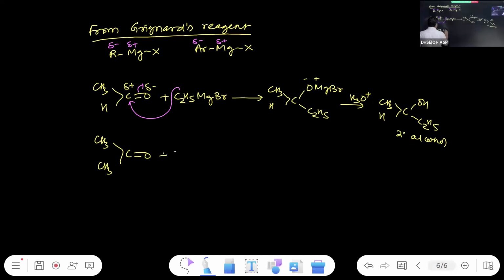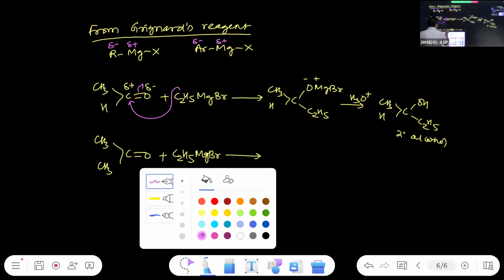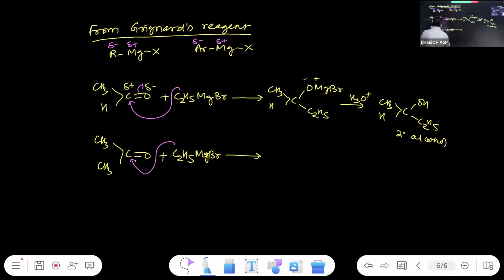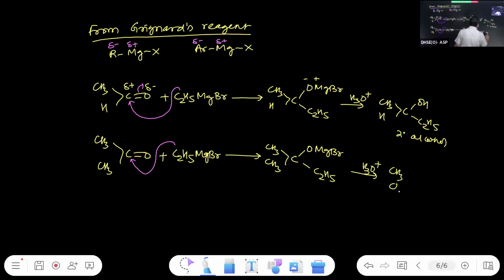Here, if we take a ketone, then H3O plus, or side product.